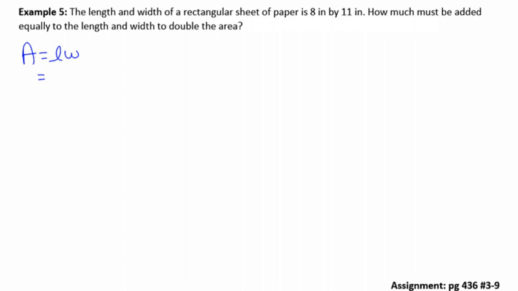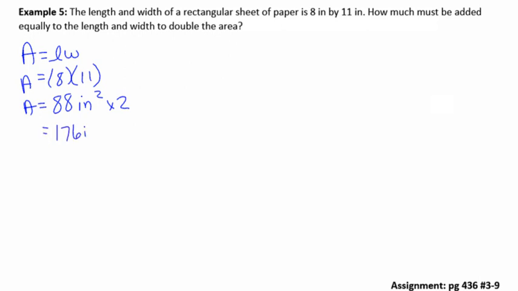And if we've got 8 by 11, our area equals 88 square inches. So that's right now. We need to figure out how much needs to be added on to both of those in order to double the area. So the area doubled, this times 2 is 176. So that's our new area that we want.